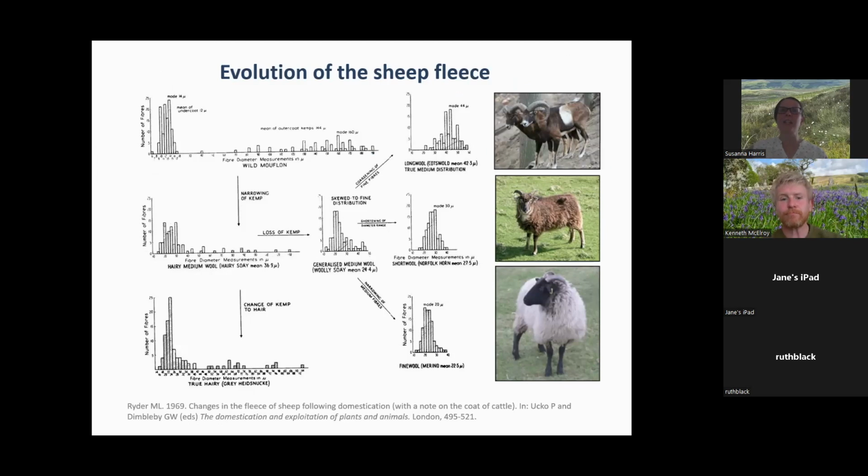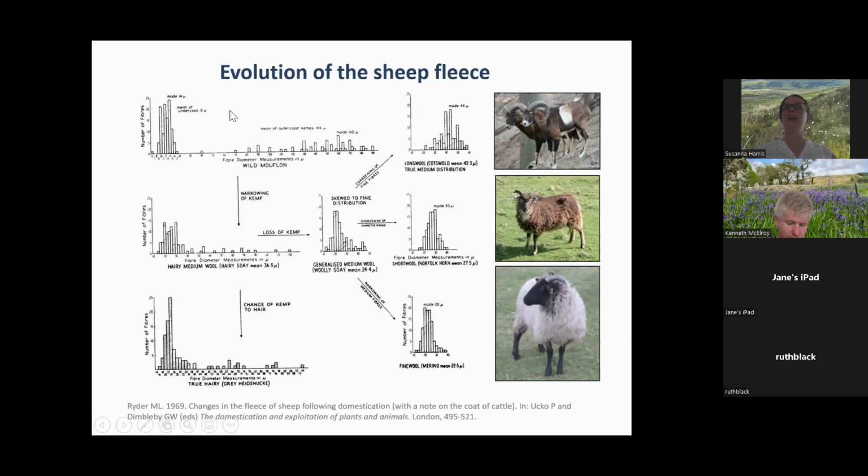And this was first understood in the 1960s by Michael Ryder. And broadly, what you see in these diagrams is that he's measuring 100 fibers from a textile to look at the diameter of those fibers. And if we look at this first chart, we see this cluster of very fine fibers with less than 20 micron diameter. And then we see these thicker fibers, these hairs with up to 100 micron diameter.